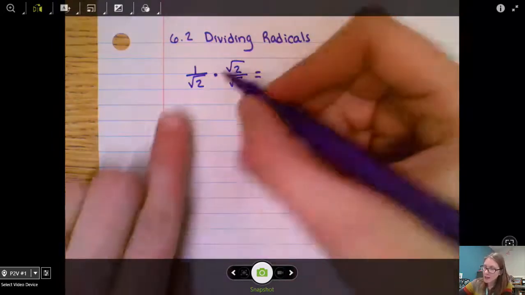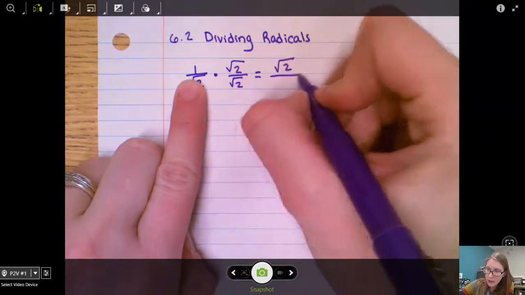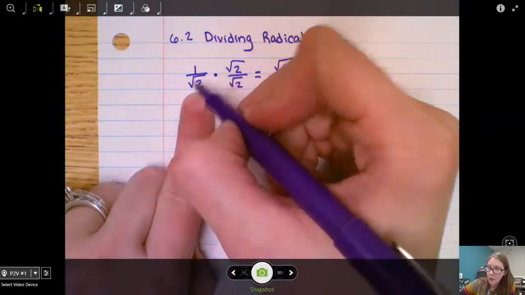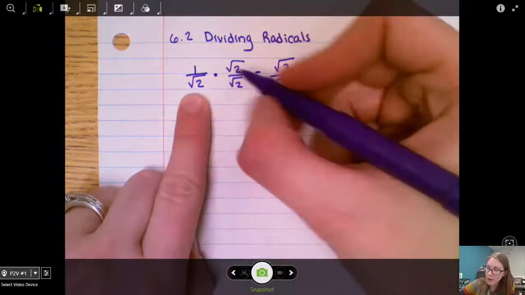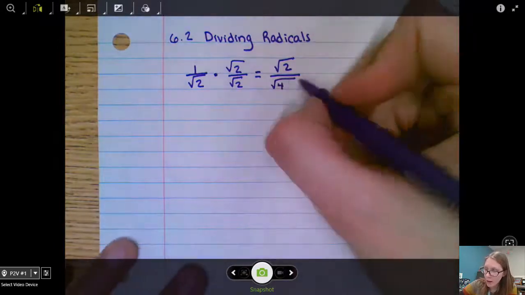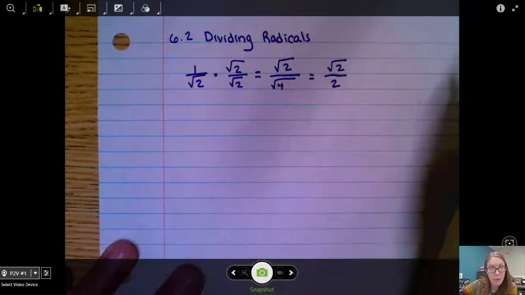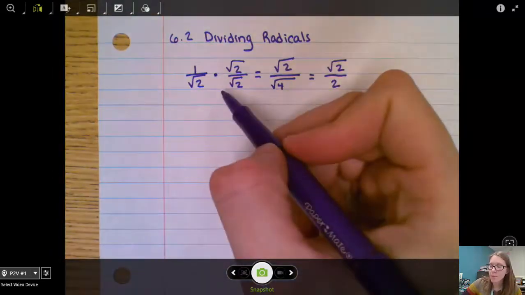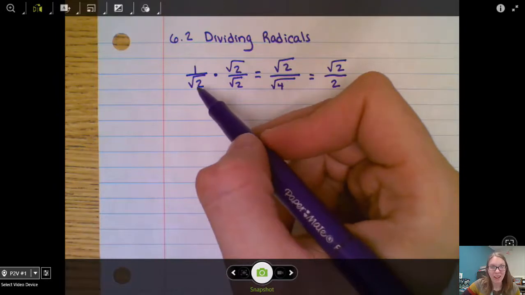But that gives us the 1 times the square root of 2 is the square root of 2 on top. The square root of 2 times the square root of 2, we have the same index here. They're both square roots. Multiply what's underneath, the square root of 4. And the square root of 4 is 2. So by multiplying by the square root of 2, we get that radical to go away in the bottom.